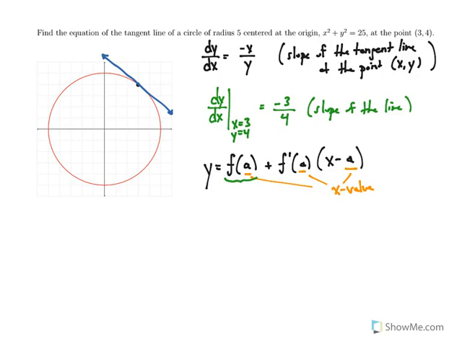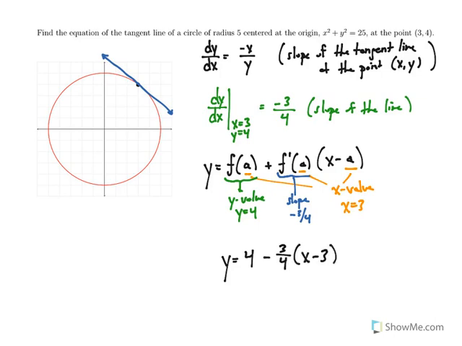This f of a is the y value. And then, of course, the f prime of a is the slope. So the x value in our case is x equals 3. The y value is y equals 4. And the slope we found was negative 3/4. So the equation of this line is y equals 4 minus 3/4 times (x minus 3).